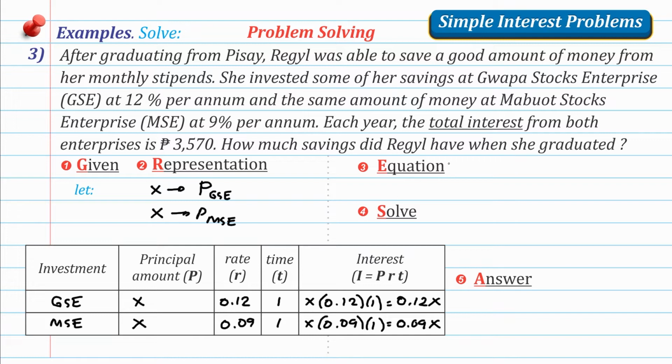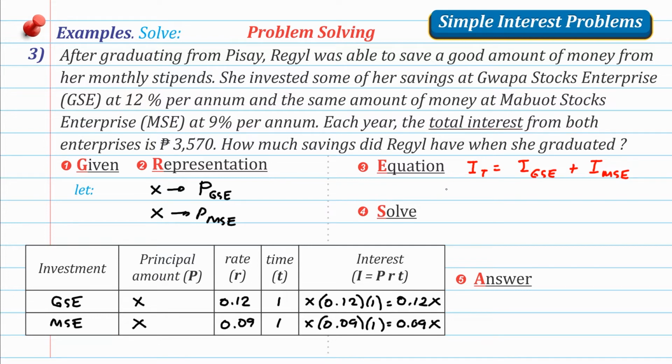The very important equation this time. We know that we need to have an equation involving the total interest or I sub T. Now, to get the total kita from both, already interest from GSE, that's the first investment, idadagdag natin yung kita or interest from MSE. Okay, now substituting, are we given the total interest? Meron. Ang total na kinita niya from both is 3,570.